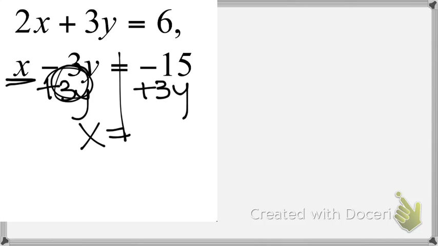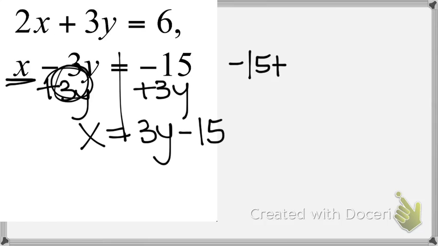These guys are not like terms over here, so I'm going to put 3y minus 15, or you could have just put negative 15 plus 3y. Either way you write it is just fine, as long as the signs in front of each number stay with them, so the 15 has a minus and the 3y has a positive in front, then you're okay.